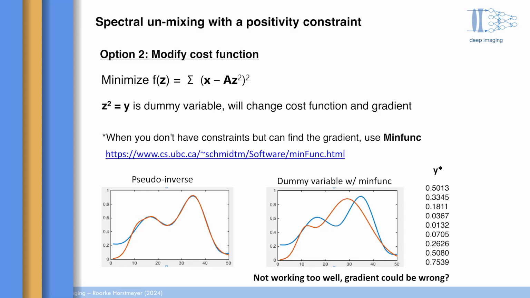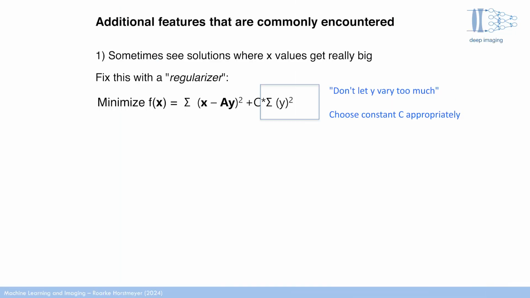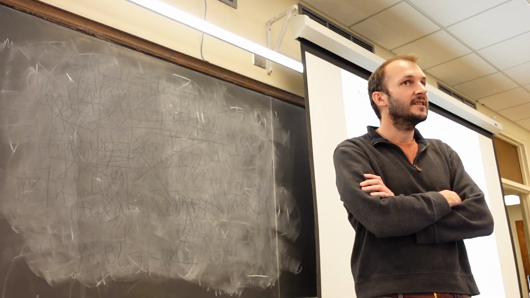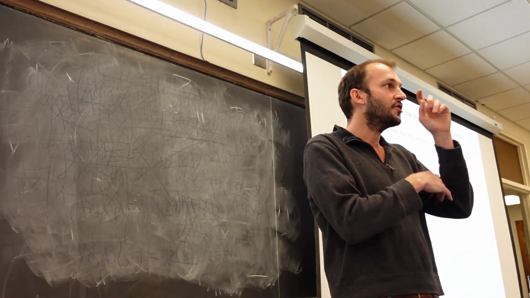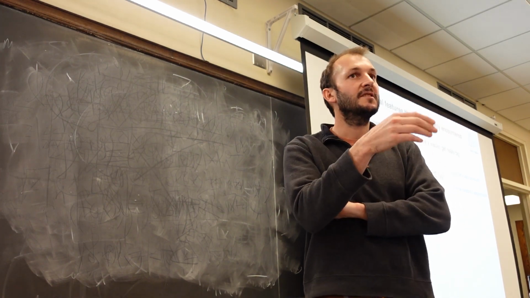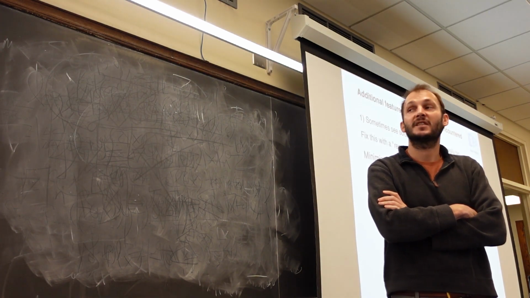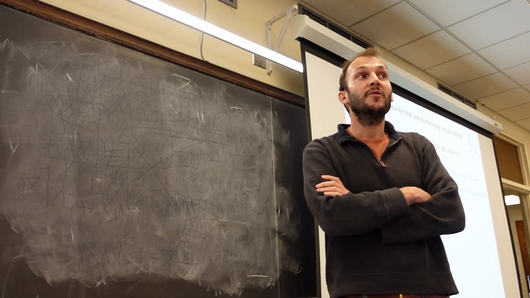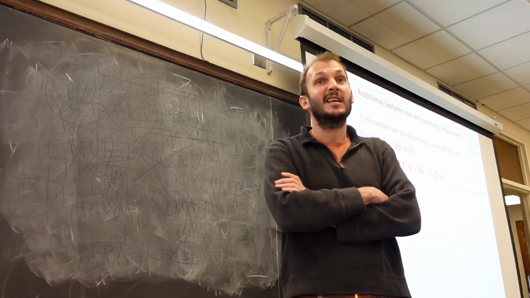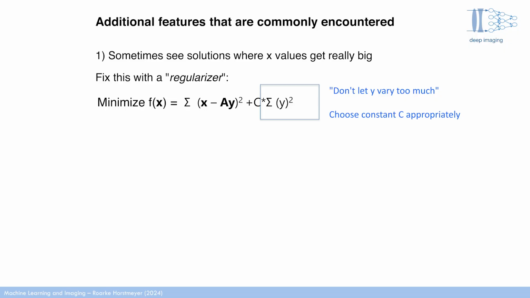Okay, so just to end, last minute or two, what are some other things we can do in this framework and what we're going to do in our machine learning efforts? You can add what's called a regularizer. So regularizers help with this problem of finding solutions that don't match. What regularizers do is they kind of abstractly constrain what you're searching for to more closely follow what you might anticipate in a real world scenario. And so if you knew ahead of time, hey, generally I have kind of the same amount of each fluorophore in there, right?